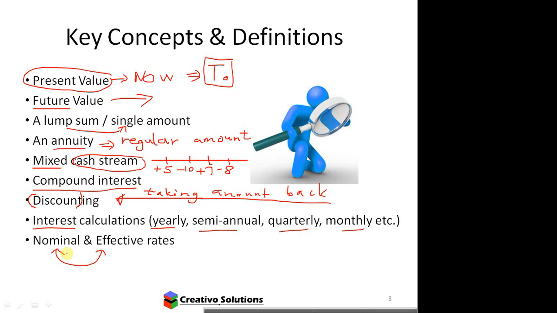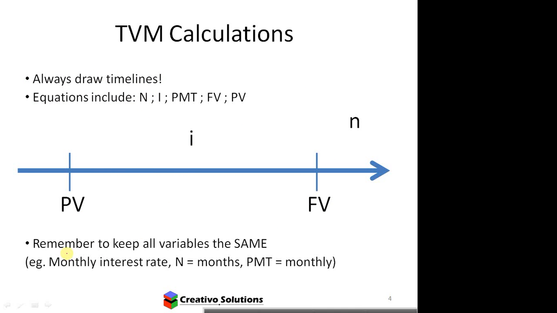If I'm investing for a year, what do I actually get over the year if I'm getting interest every month? We'll differentiate between the two just now. Nominal is quoted, and effective is what we actually use, but you'll see that later.